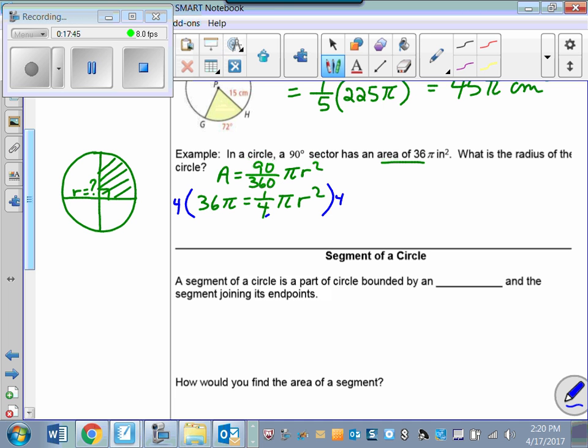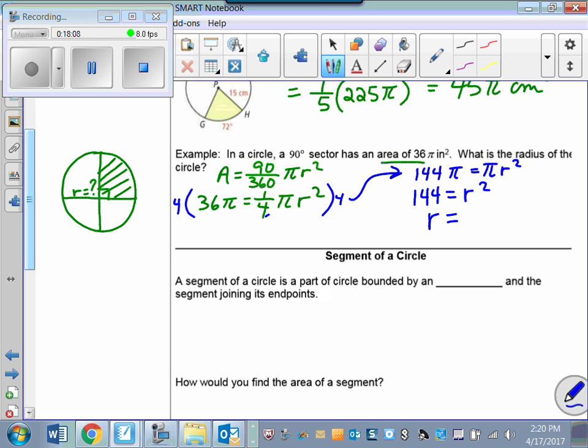So when I do that, 4 times 36, that's 144. So 144 pi equals pi r squared. And then if I divide both sides by pi, the pi is just going to be gone. So I got 144 equals r squared.